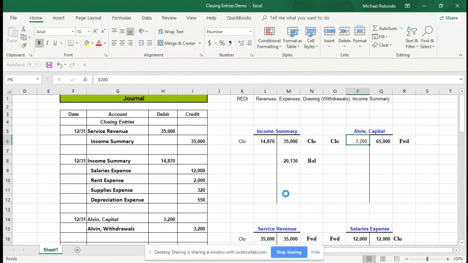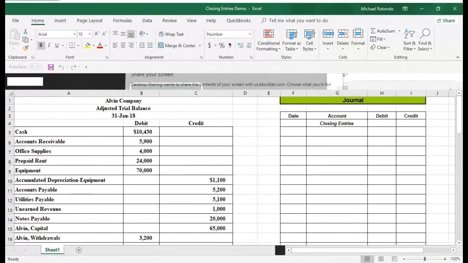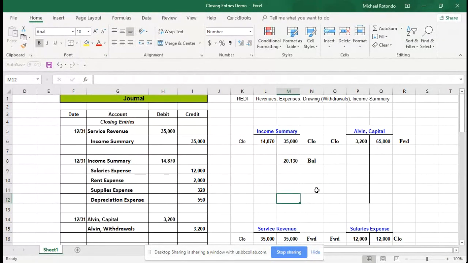Okay. Now, our last step is to journalize and post the closing of the income summary account. So we can see it has a credit balance. In order to close it, we have to debit it.